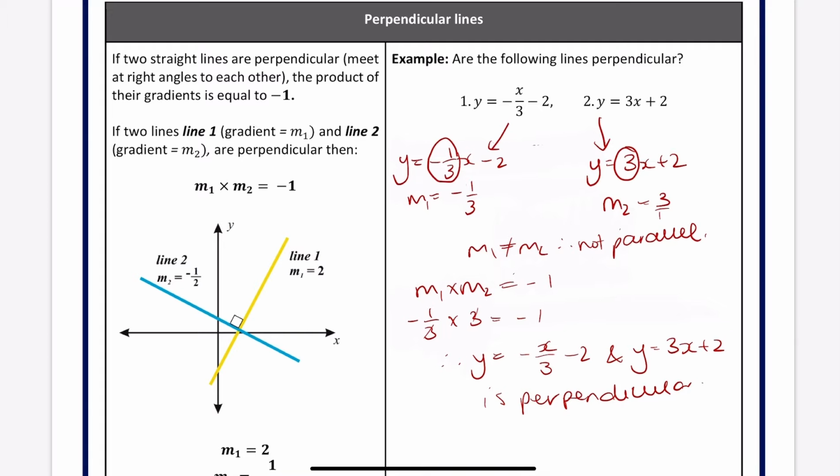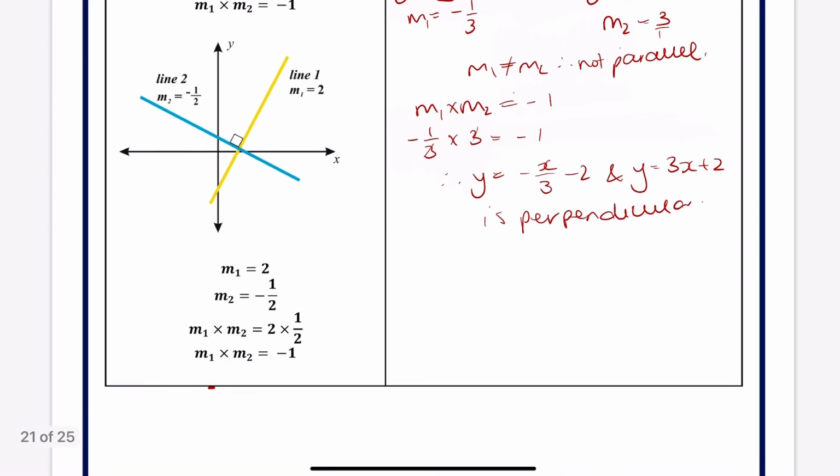Okay, let's have a look at one more example. Okay, let's check, example 3, whether the following is parallel, perpendicular, or neither.